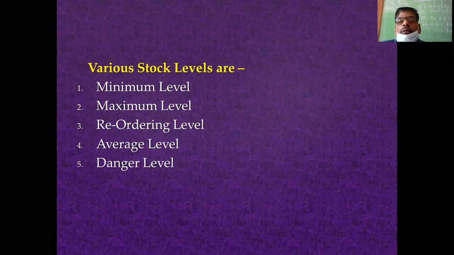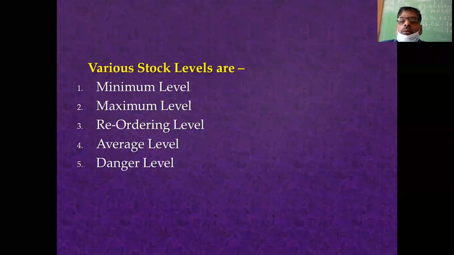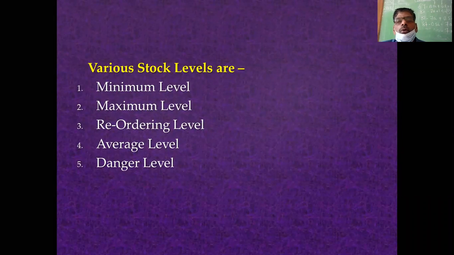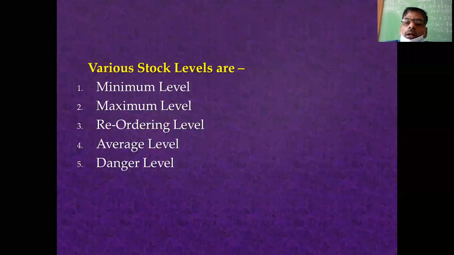Whatever material is there in your godown is taken by the production department for production purposes. That stock reduces day by day. At what level do you have to place the order for the new stock? That is called the reorder level.